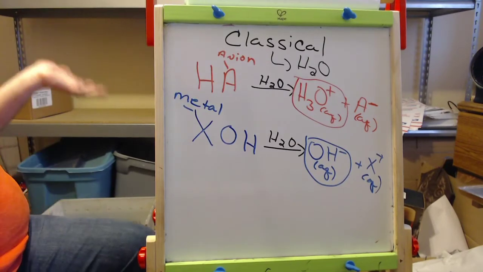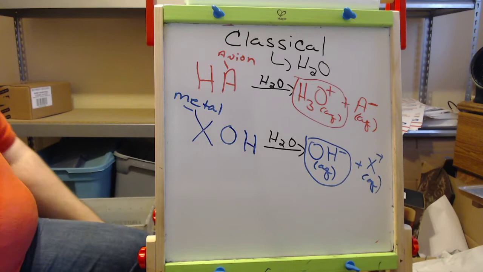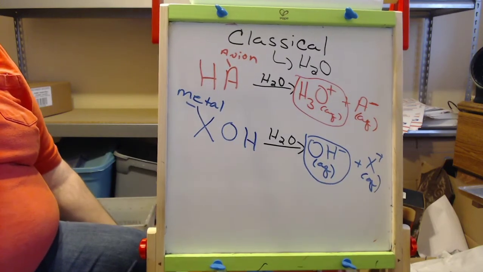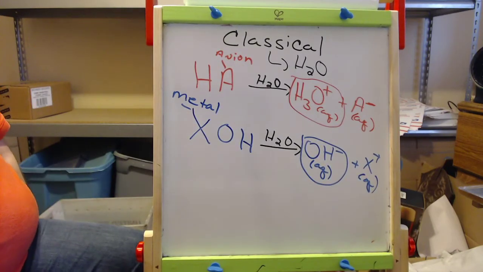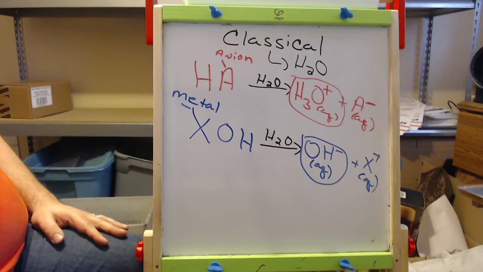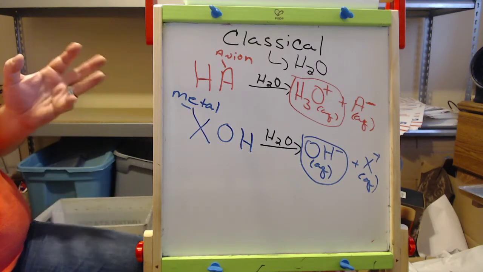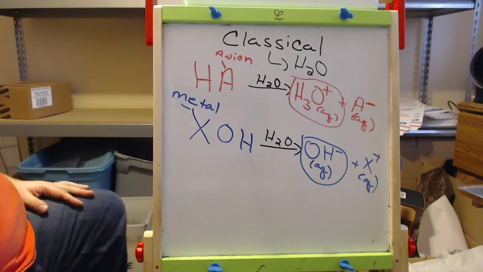So group 1 metal, potassium hydroxide, sodium hydroxide, lithium hydroxide, barium hydroxide for that matter. Okay. So that's the classical definition. How do I behave in water?